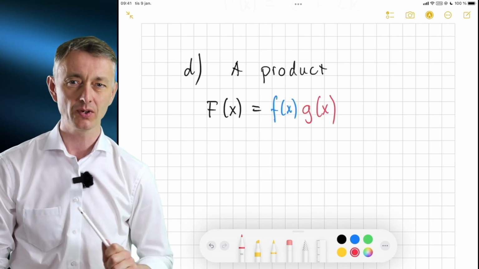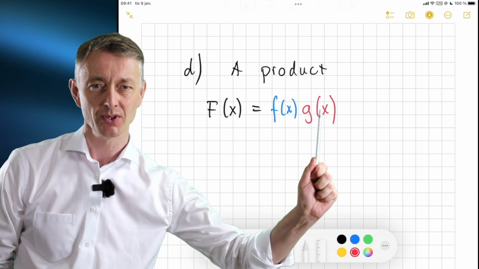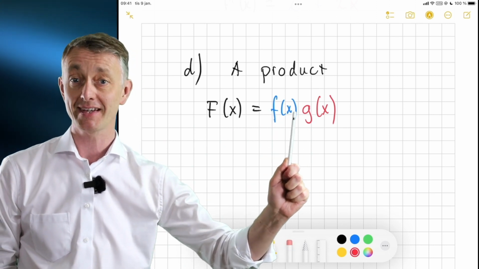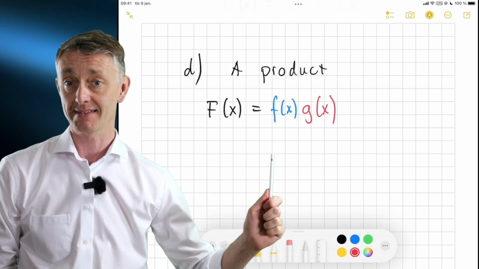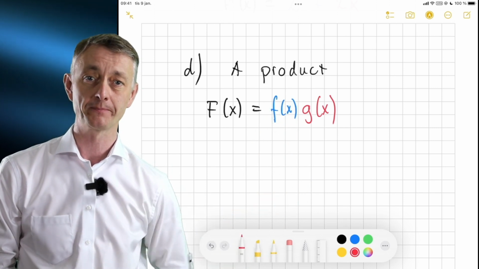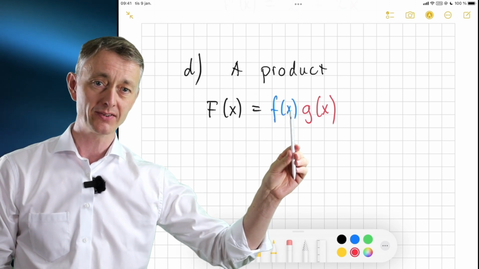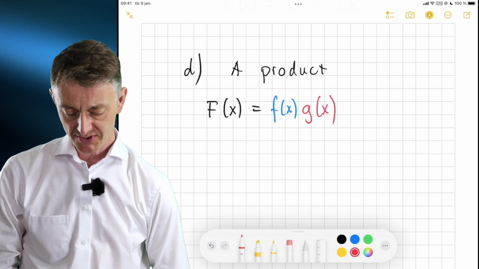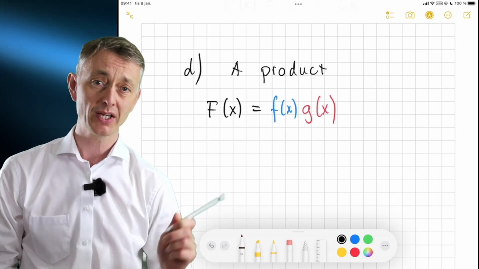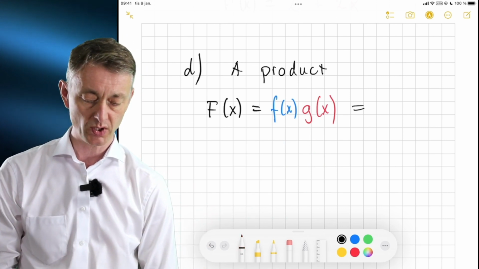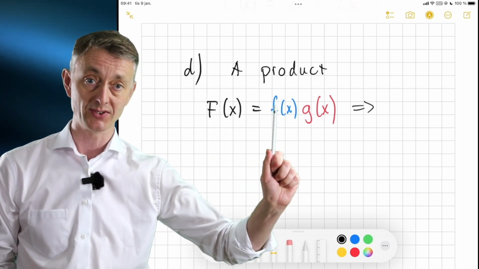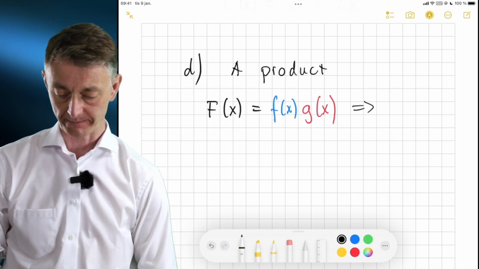Now we see here that these two are much closer, right? And they are more interdependent than in the additive case, because if we do something here, it's going to be multiplied by the value of this and vice versa. So now that we have this type of equation, what is the derivative of this function with respect to x going to be?